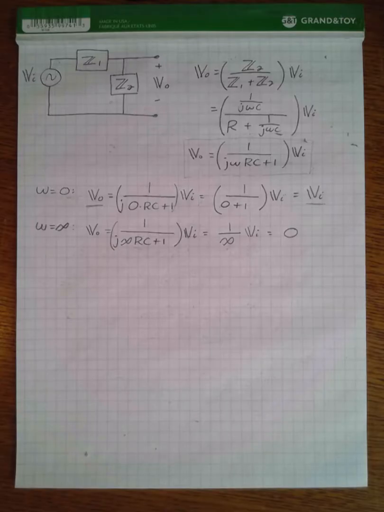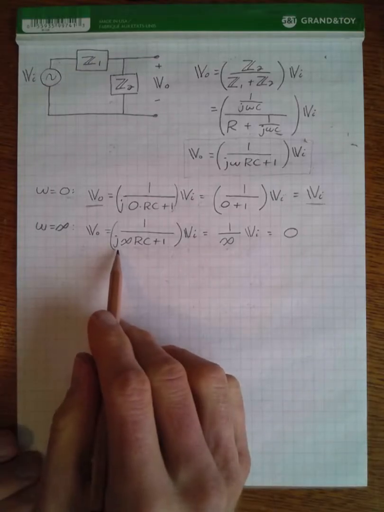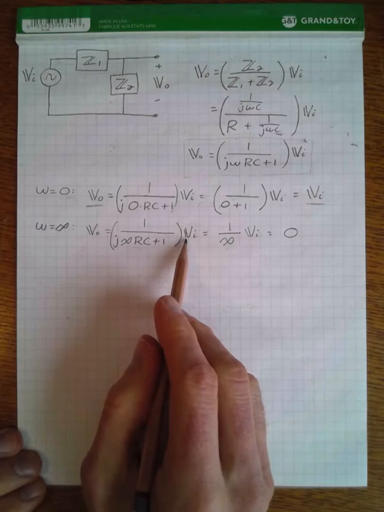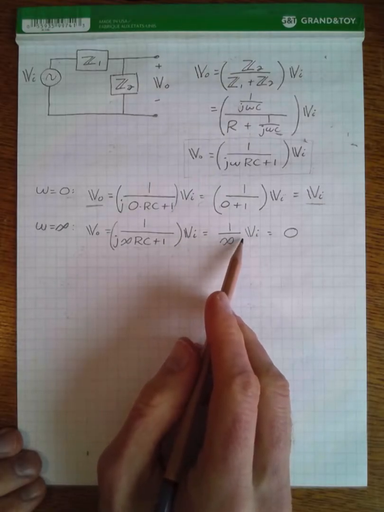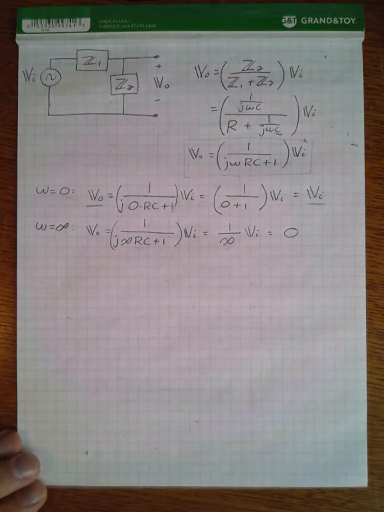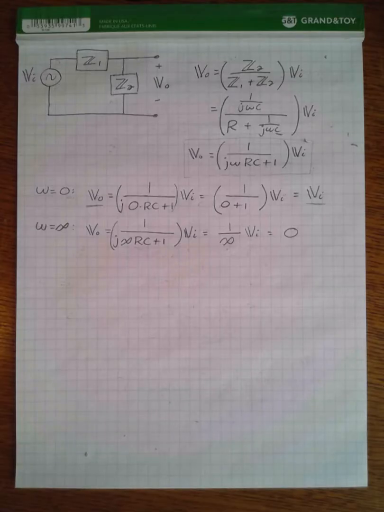So for very large values of frequency, our denominator gets so big that the output of our circuit basically goes to 0. So we seem to have designed a circuit that will allow low frequency signals to pass through more or less unchanged, but will block high frequency signals.